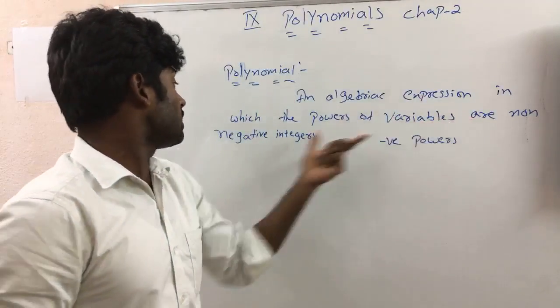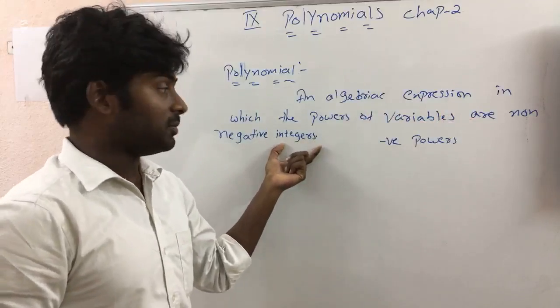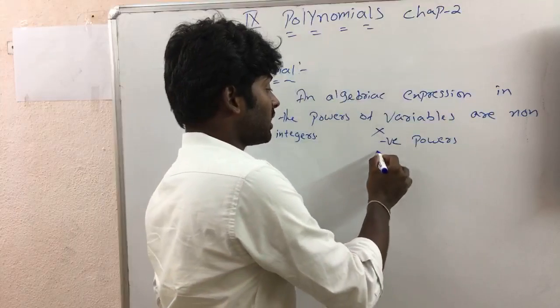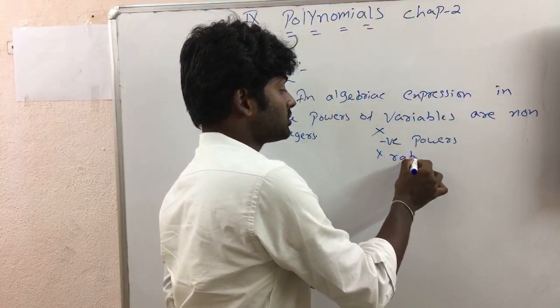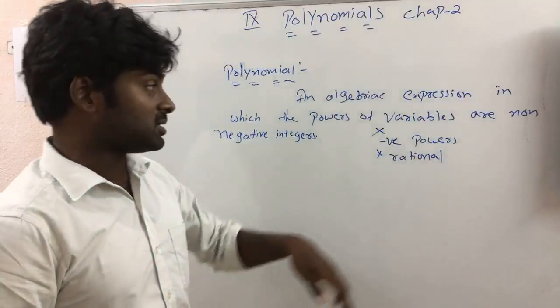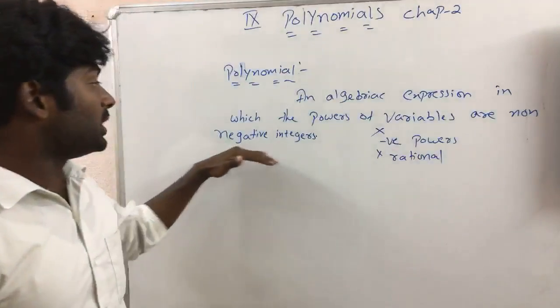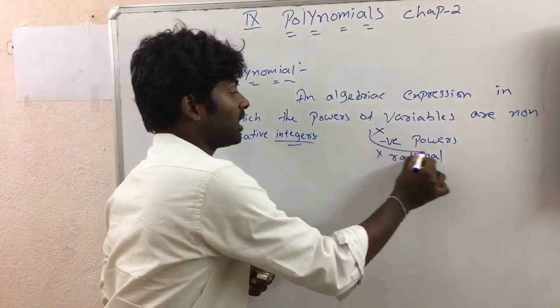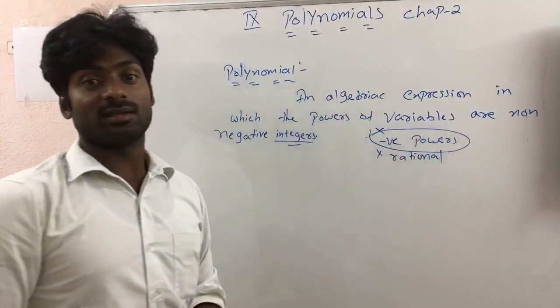They should not be rational or irrational numbers, because I am saying non-negative integers. That means we have to take integers, and in that again we have to exclude the negative integers.